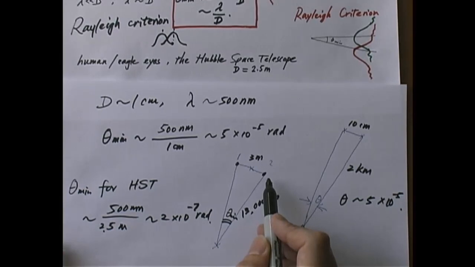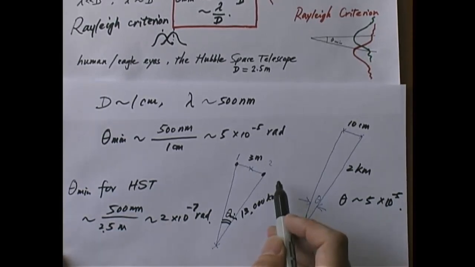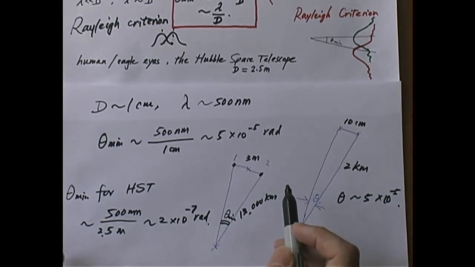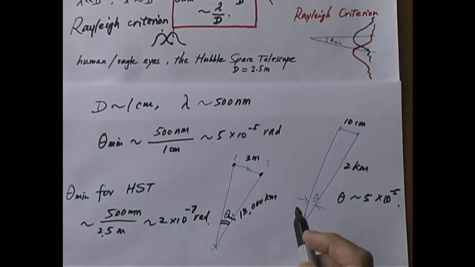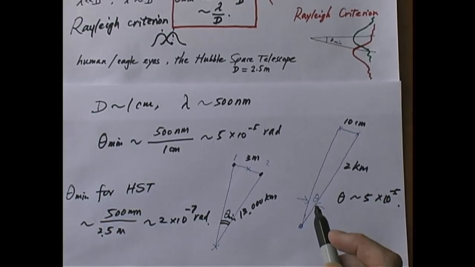In fact, you will be able to resolve such details as the information on the license plate number of a car, that sort of thing. So that's what the spy satellites do. Okay, so what you need indeed is a big telescope with a large radius in order to have such fine resolution. All right.